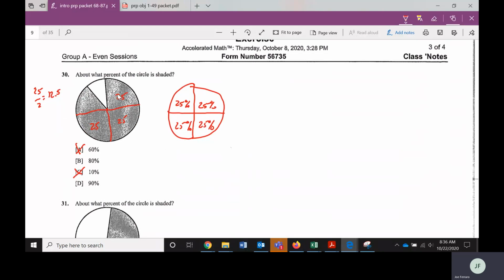Just using that as a basis, if we have 75 and then another 12.5, and I think it's even more than that, we could have used like 13 or something. But if we add those together, we get 87.5. I think that would be the minimum. So if we look at our 2 answers here, 87.5 is closer to 90. So that would be the correct answer.